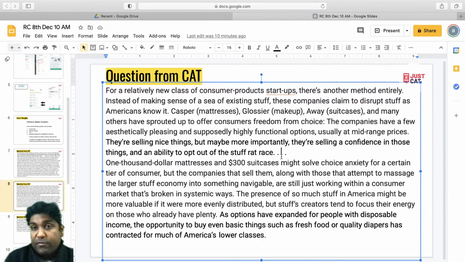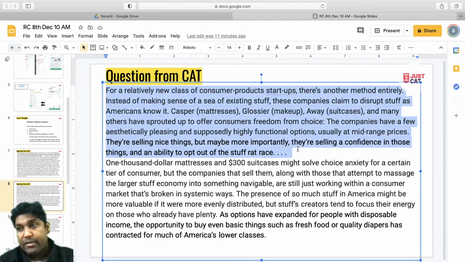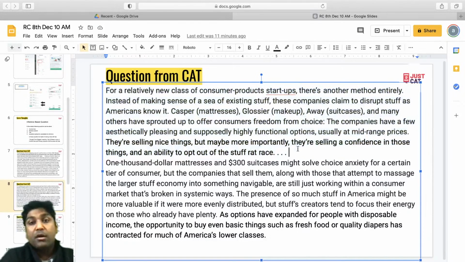So what is the purpose of this paragraph? The purpose of this paragraph is basically to sensitize or inform the audience that there is another kind of business strategy being taken up, another take on the retail business, where companies are making fewer things, good ones, and they are making them affordable and highly functional.